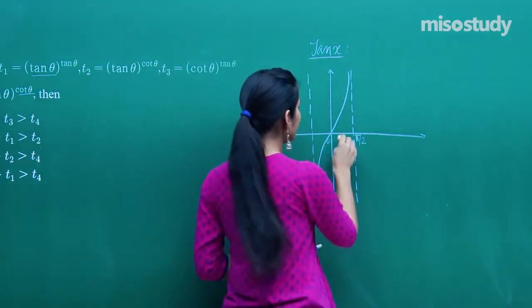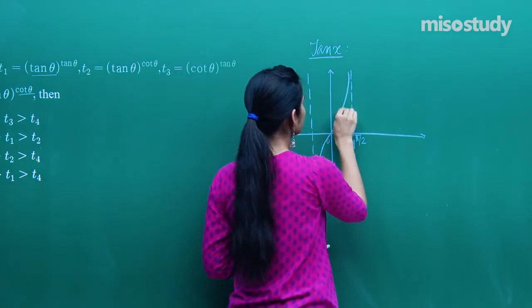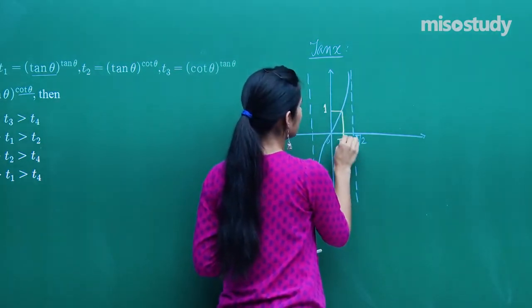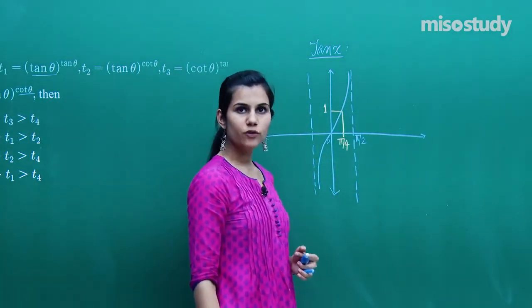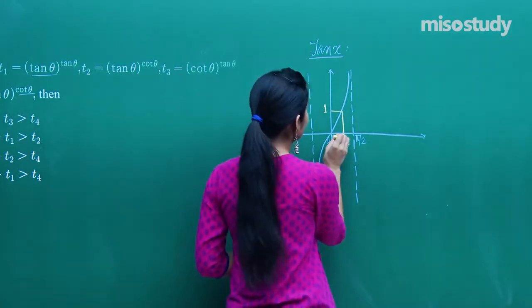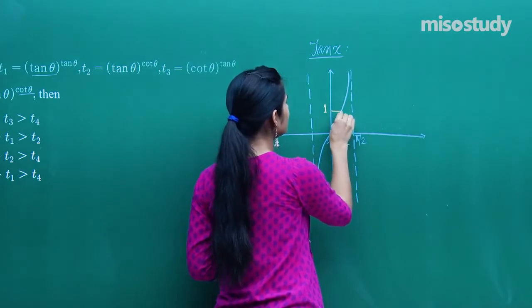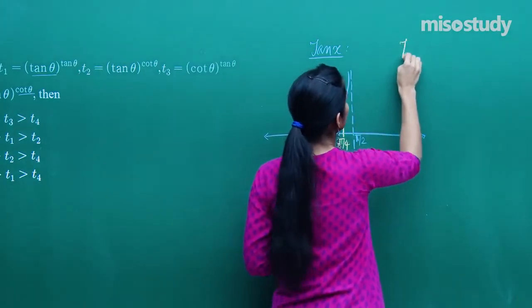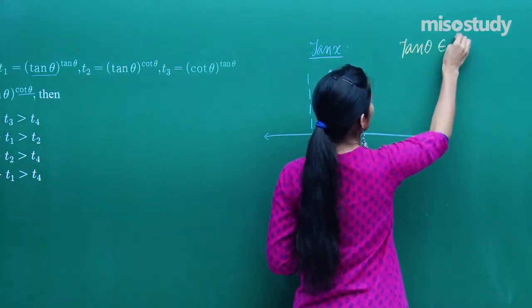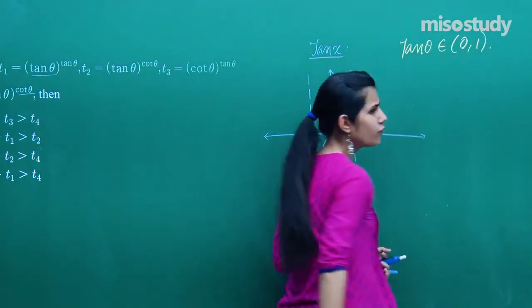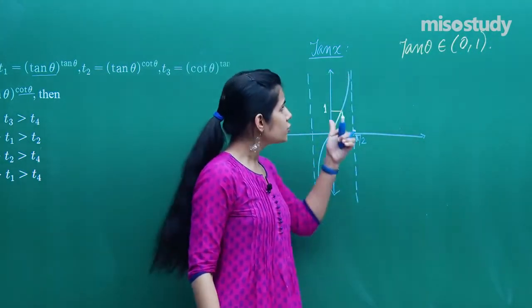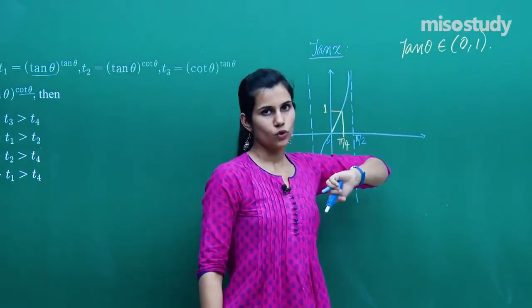You know tan pi by 4 is 1, right? Tan pi by 4 is 1. So, if x is ranging from 0 to pi by 4, tan x is ranging from 0 to 1. So, tan theta belongs to (0, 1). Pi by 4 is not included, 0 is not included. So, tan 0 and tan pi by 4 are also not included.